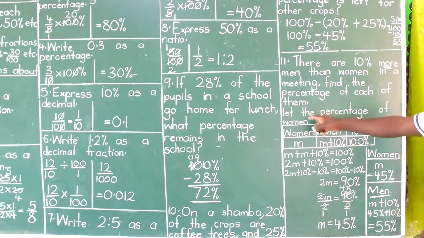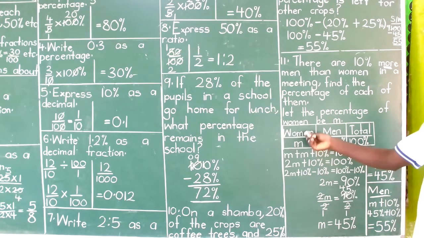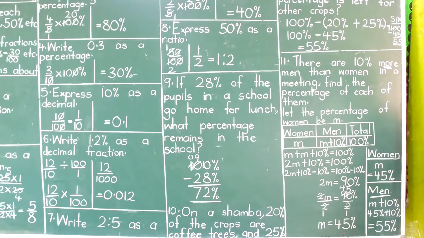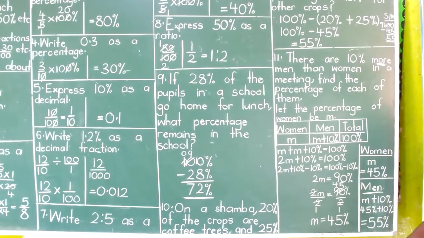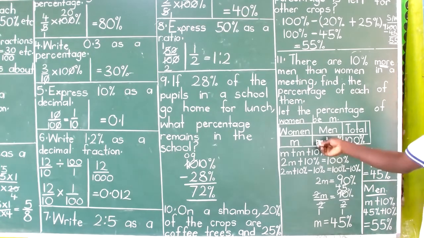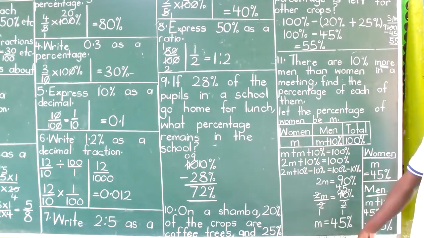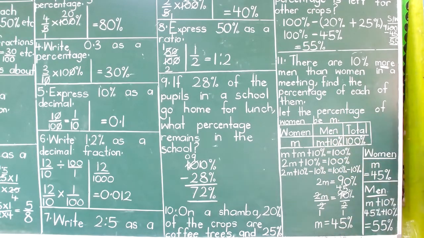In algebra, it's better to propose the unknown for those that are fewer. So you say: let the percentage of women be M. So when women make M%, then men are more by 10%. If the women are M, then the men are M plus 10%.